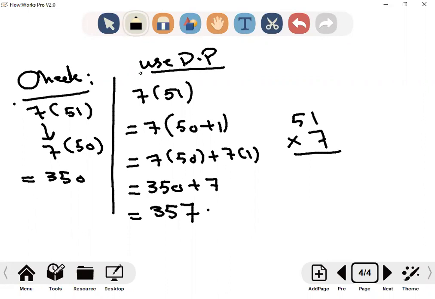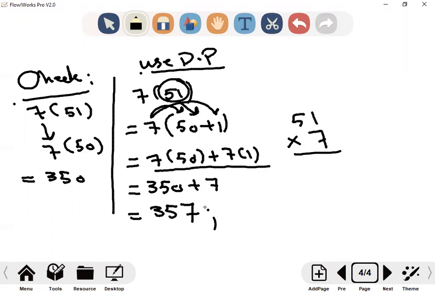7 and 51, I rewrite it as 50 plus 1. Then I distribute the 7 on 50 and on 1. Then 7 by 50 is 350, 7 by 1 is 7.